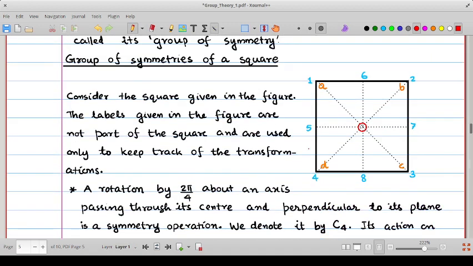And coming back to this figure, we can see that A under this rotation by pi by 2 about an axis perpendicular to the plane and passing through the geometric center will take this vertex labeled A from position 1 to position 2. And similarly, B will go from position 2 to position 3. And C to D and D to A.